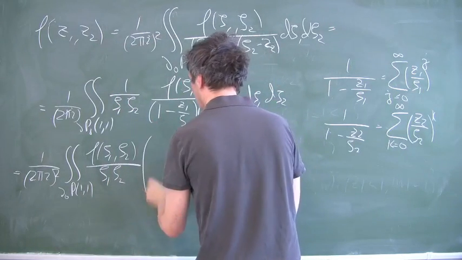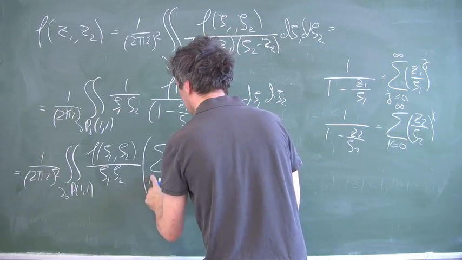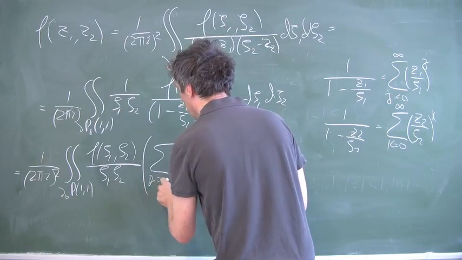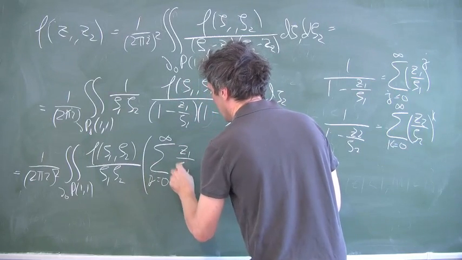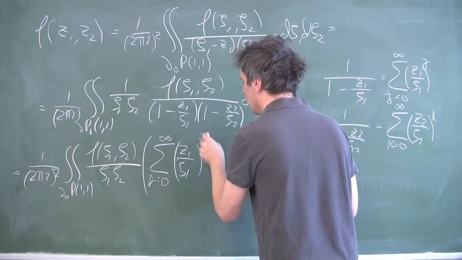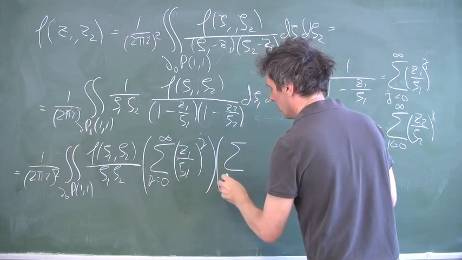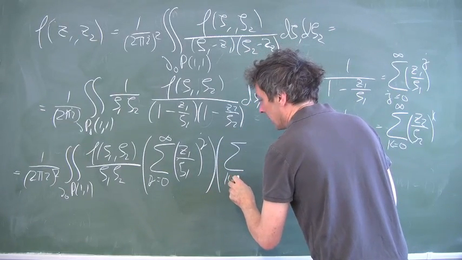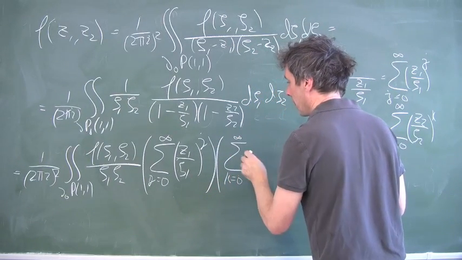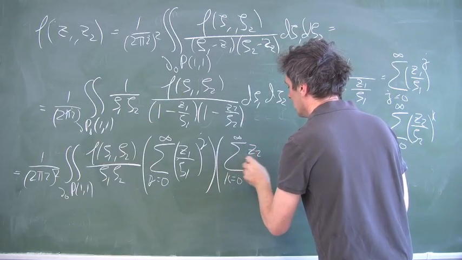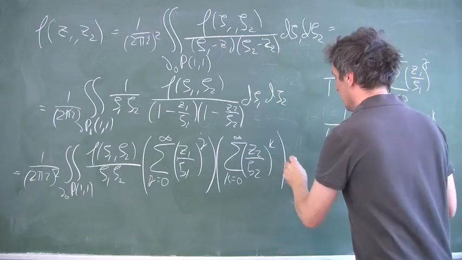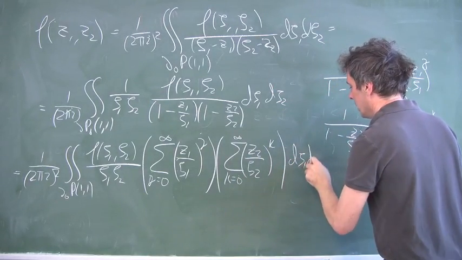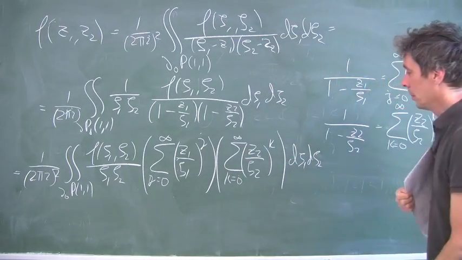And then we have these power series here: the sum over j from 0 to infinity of (z1 divided by zeta 1) to the power j, and the similar term for the second variable, d zeta 1, d zeta 2.